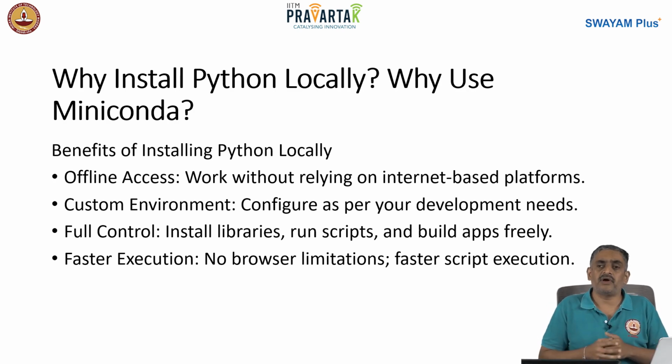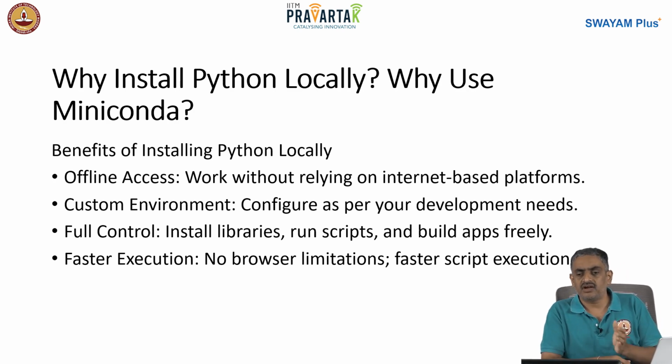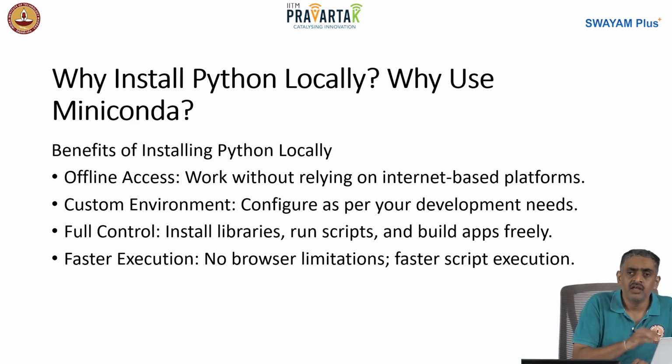To install Python locally, you need to have at least an 8 GB RAM machine. That is recommended. If you have 4 GB RAM, that is also fine, but having 8 GB RAM is a much better option. So you can run your Python programs locally.